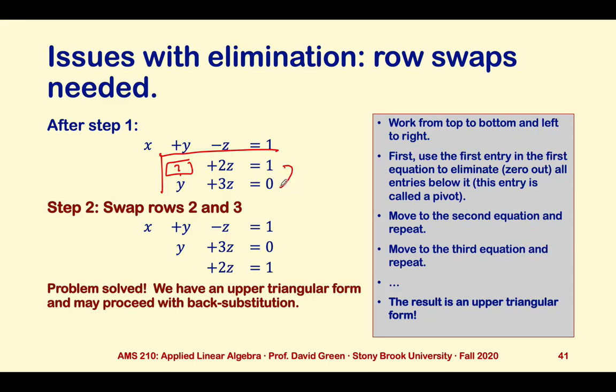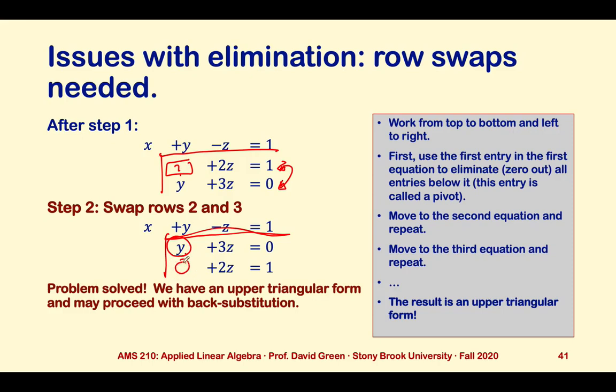We're going to take these 2 equations and we're just going to exchange them. And that's exactly what we have here. Swap rows 2 and 3 so that we're in a better position. Now after doing that row swap, we shift our attention back to this equation here, and we actually notice that the problem that led to the row swap also means that we don't have anything to do in this next step.